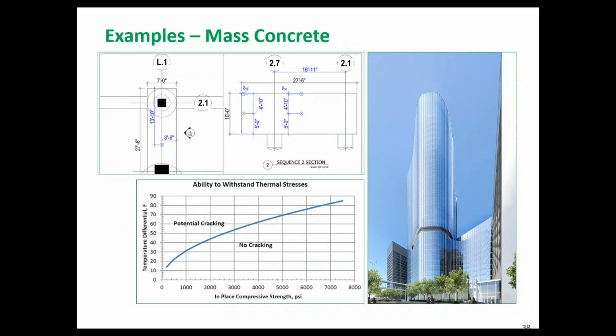But another advantage of combining that with maturity is that if you can capture the strength development, you can talk with the engineer, and there are guidelines in the ACI and the building code that would allow you more gradient if you have high strength values. So although you may have a specification of 15 degrees Celsius, you can go up to 20 degrees Celsius if your strength is high enough.